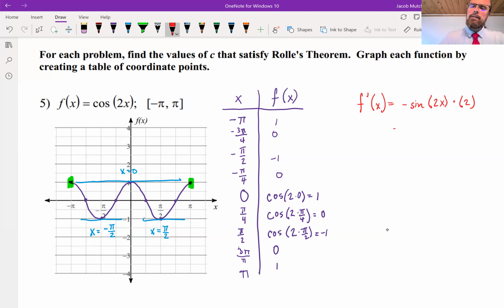So that derivative is going to have a value of negative 2 sine of 2x. So I'm going to set that equal to 0, and I want to solve for x. So I can divide over the negative 2 just to dispense with it. That doesn't change a whole lot, just reduces the equation down to sine of 2x equals 0.